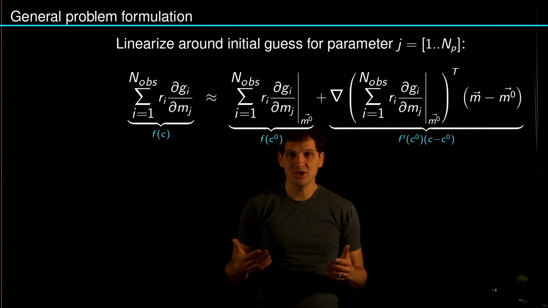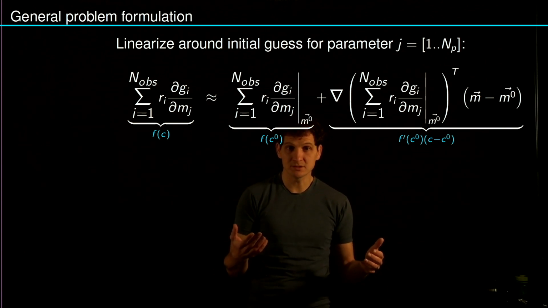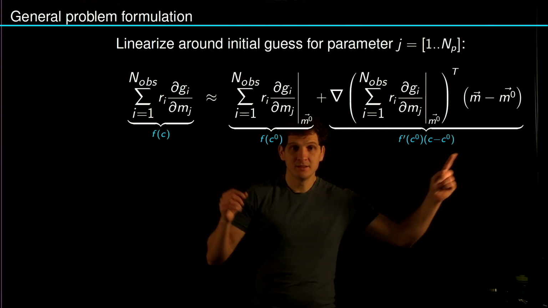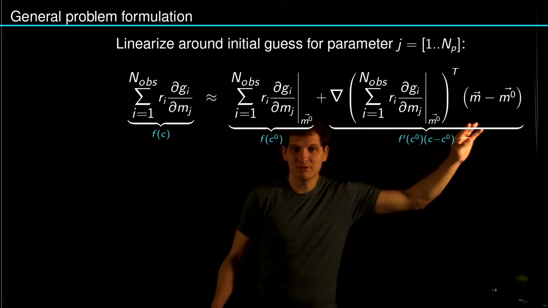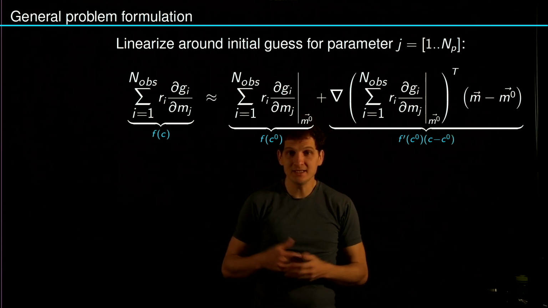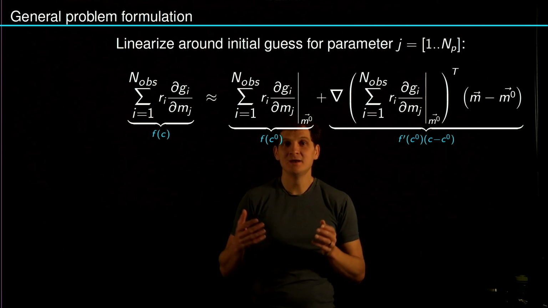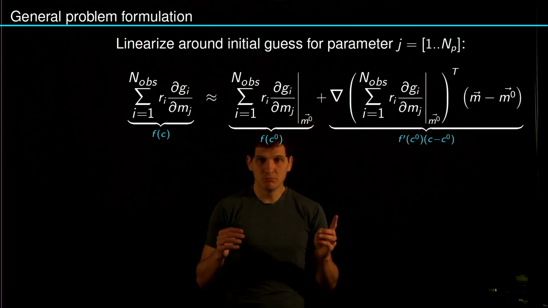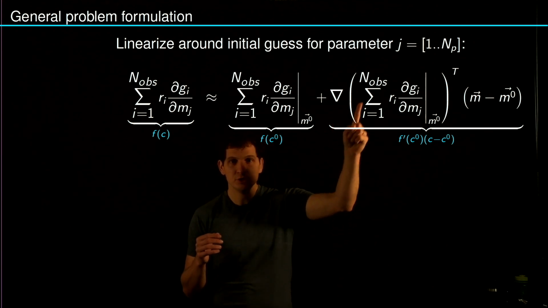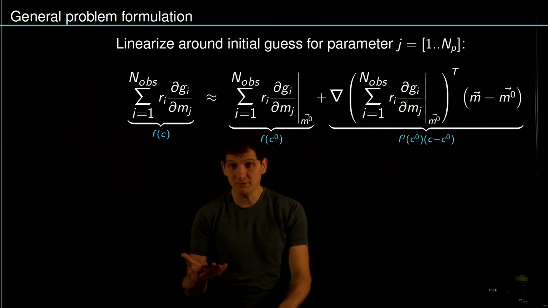That gradient contains all the derivatives with respect to all the model parameters. Okay? And this should be a linear function of the model parameters, which it obviously is because we only take the first terms of the Taylor approximation. Okay, this looks slightly more complicated, and just to show you what's inside this gradient, the gradient contains all the derivatives with respect to all the model parameters.